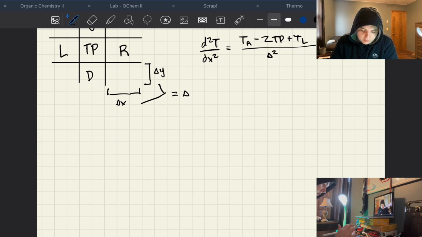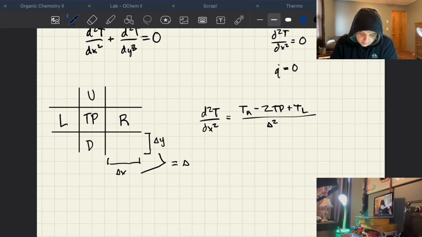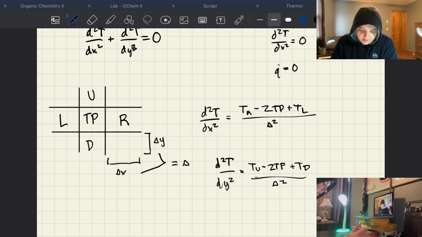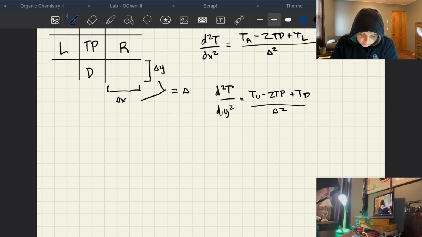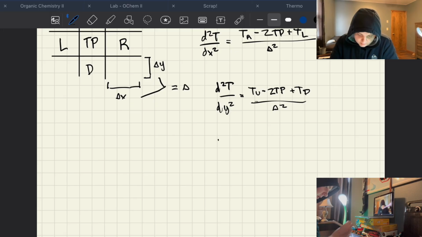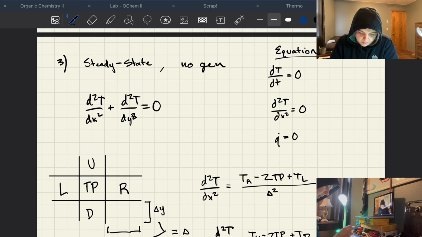And then we're just going to do exactly the same for the y coordinates: up, right, left, down, for delta. Then we can combine these terms together, because we have to have them equal 0 at the top here.